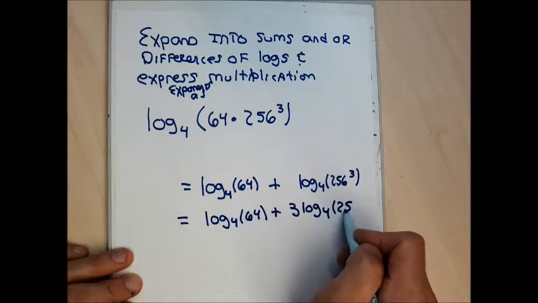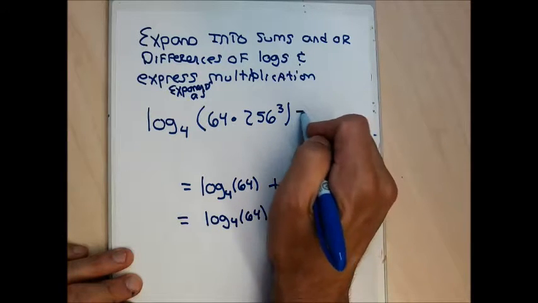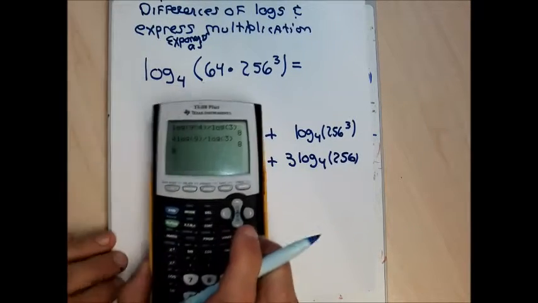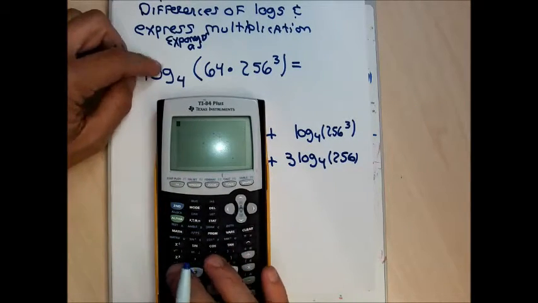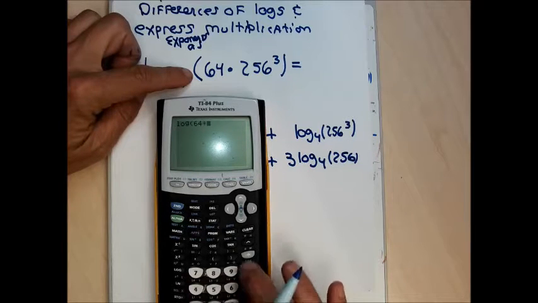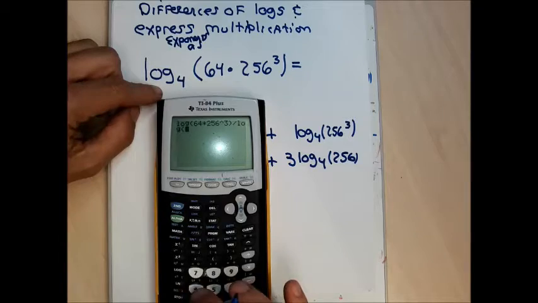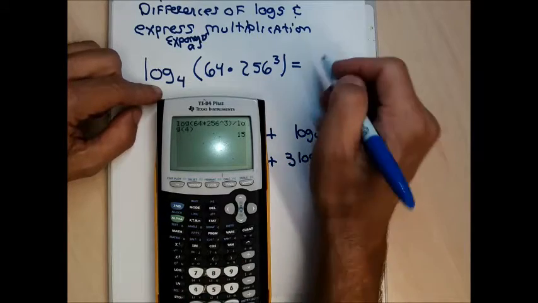Let me do the original problem on my calculator and this problem on my calculator and show you that they're equal to each other. So the original problem on my calculator, I do the log of 64 times 256 up arrow 3 divided by the log of 4, and the original problem is equal to 15.